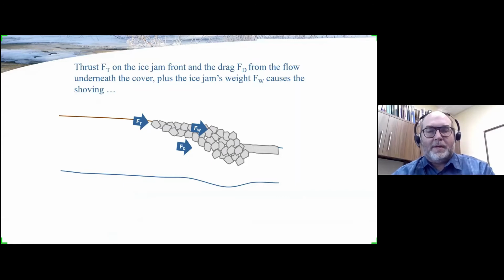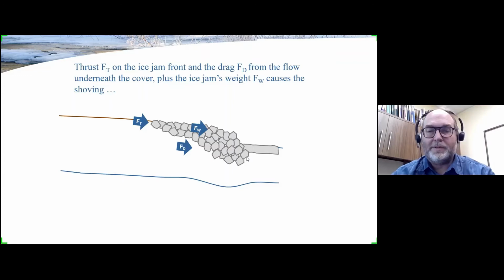And I'm going to look more specifically at wide jams, where we're looking at a balance of forces, where we have, let's say, the thrust of the discharge of the flowing water against the front of the jam. We also have the resistance to flow on the underside of the cover.